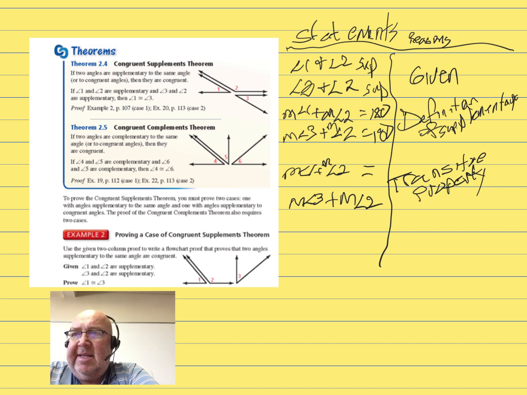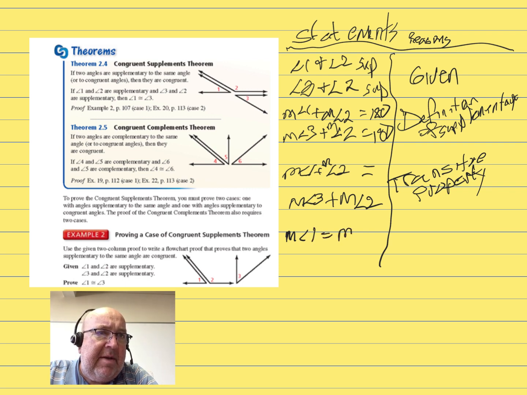With that, we can subtract the measure of angle 2 from both of those using the subtraction property of equality. So that way we get measure of angle 1 is equal to the measure of angle 3.